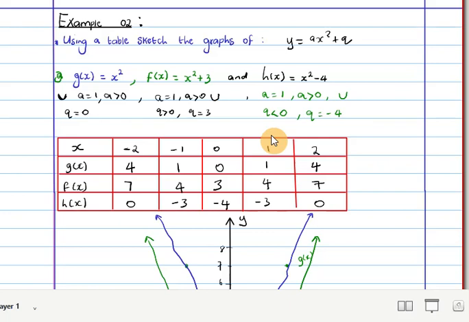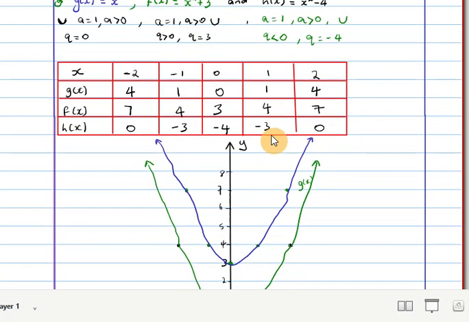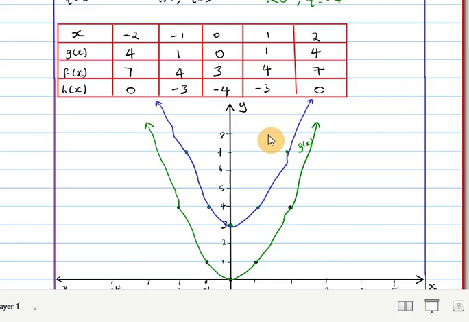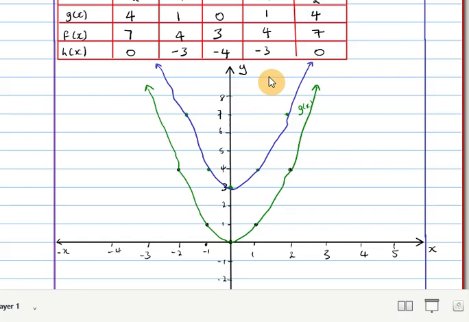Okay. Now I'm looking at the third function. Where x is -2, the value of y is what? It is 0. Meaning it's here. We use which color? We use this one. So it's here. And when x is equal to -1, the value of y is -3.